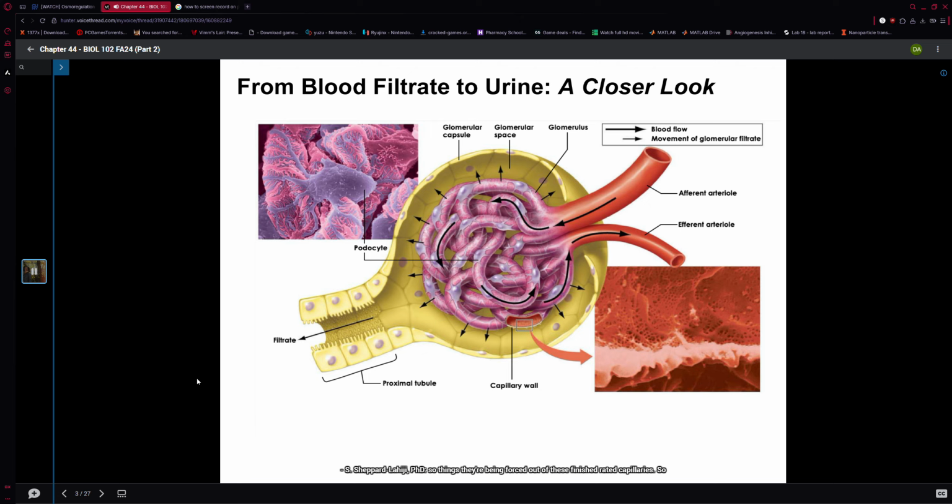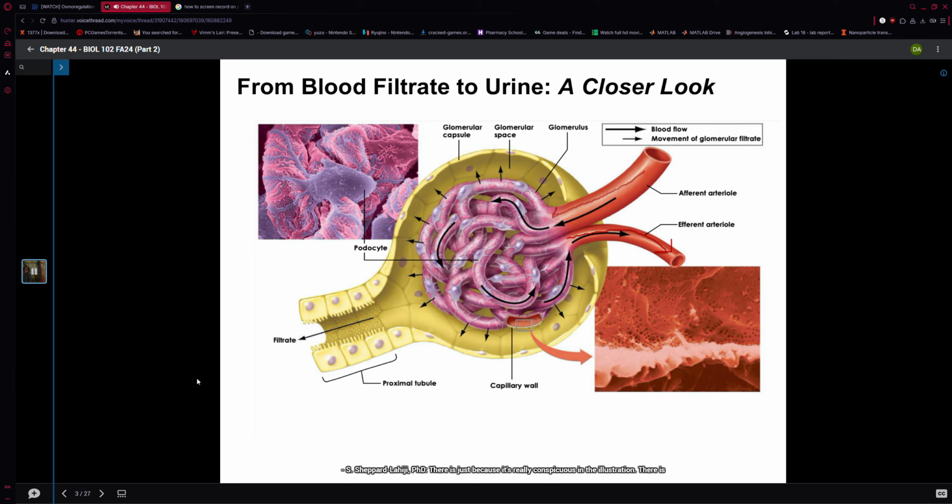Things are being forced out of these fenestrated capillaries, shown by these outward arrows, and they're entering this glomerular space, which is surrounded by the glomerular capsule. When it comes to blood flow, blood enters the glomerulus through the afferent arteriole, and it exits, E for exit, through the efferent arteriole.